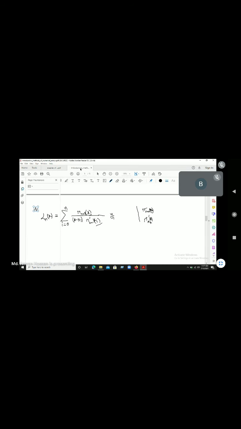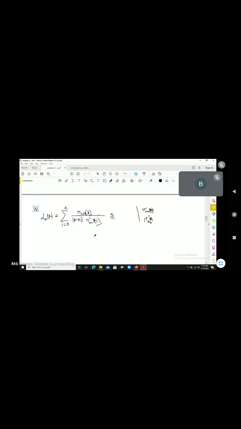So what is phi n plus 1? Phi n plus 1 means the multiplication of the differences between x and the domain points: x minus x naught, x minus x1, up to x minus xn.